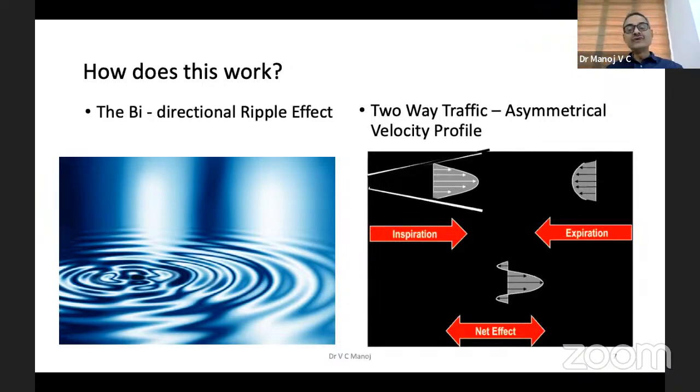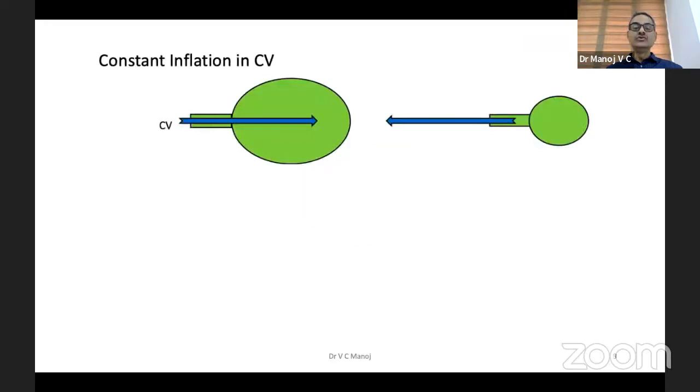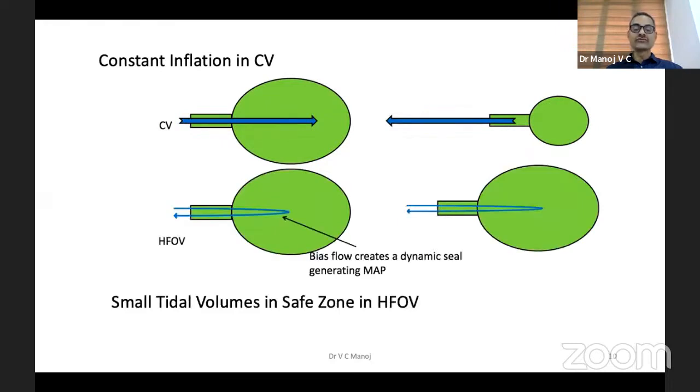So usually you have inhalation and exhalation taking place at the same time. Well, this is where HFO scores, and conventional ventilation probably has the problem here. Conventional ventilation is a one-way traffic where in the active phase, you actually ventilate, you inhale, and then exhalation is a passive process.